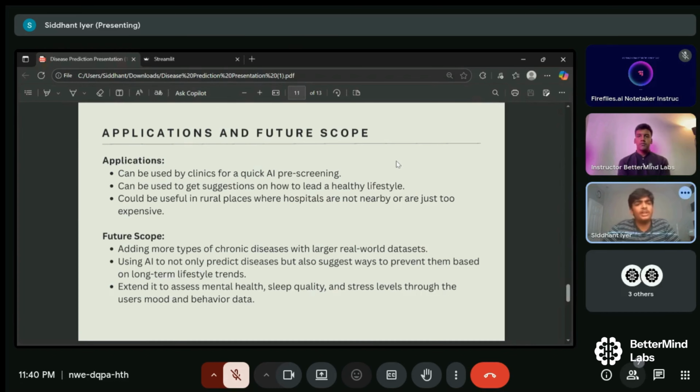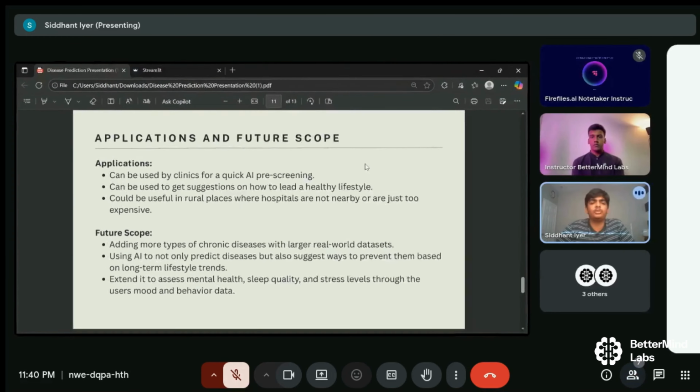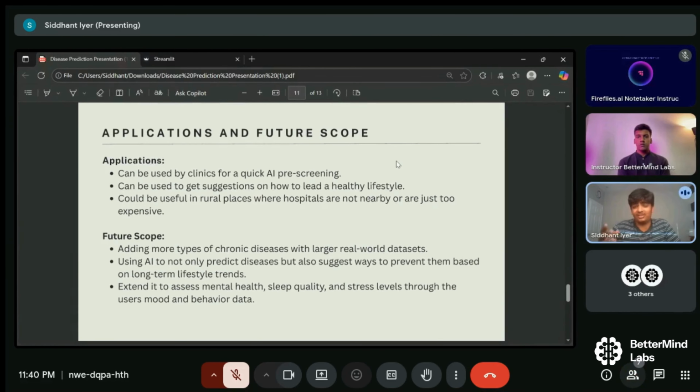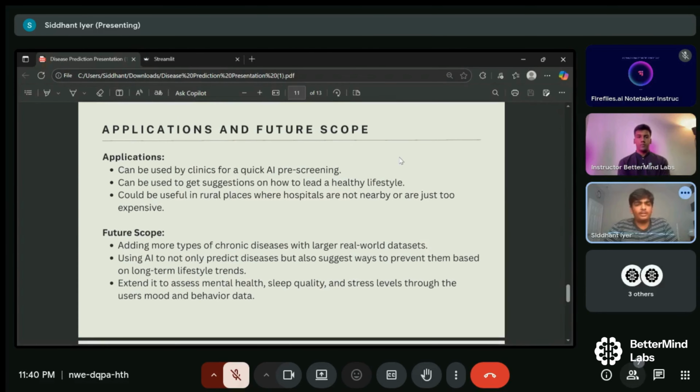And using AI to predict diseases and also other sicknesses like the flu or coronavirus, things like that.